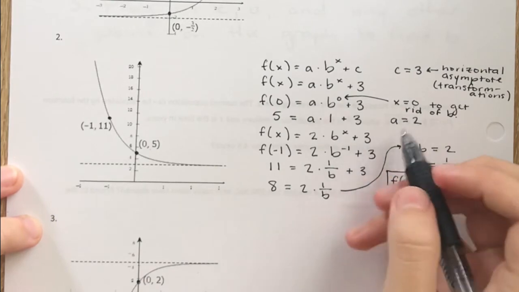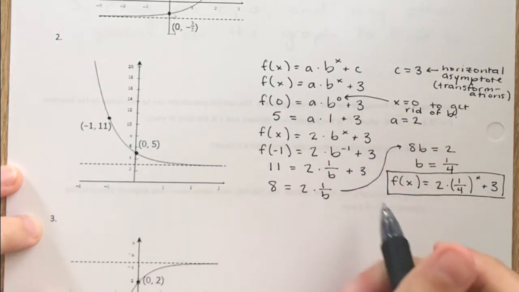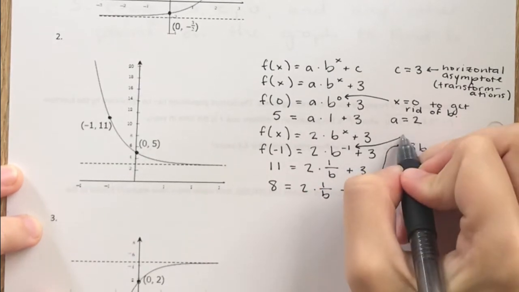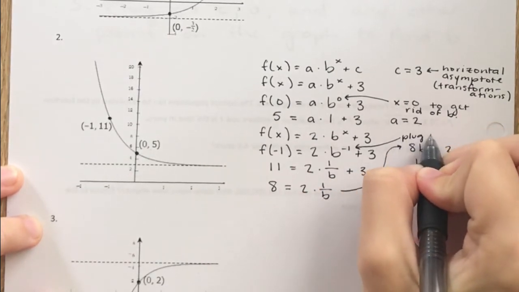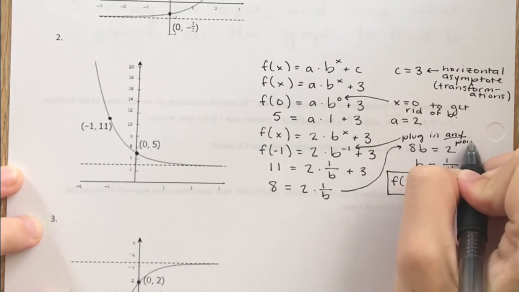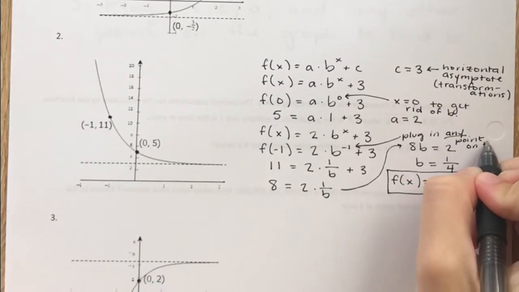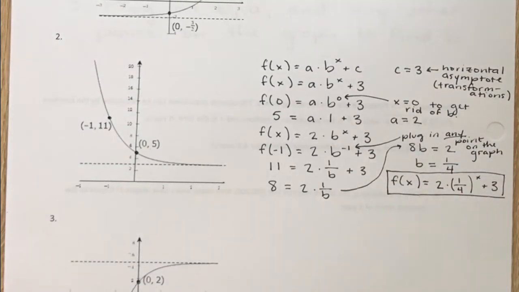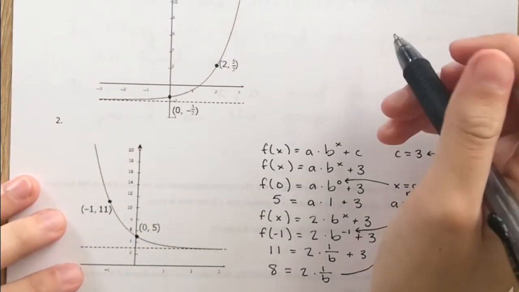And then, last but not least, we used any other point on the graph to find b. All right, let's try this first one.